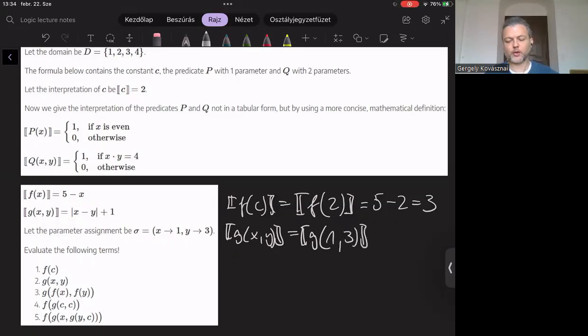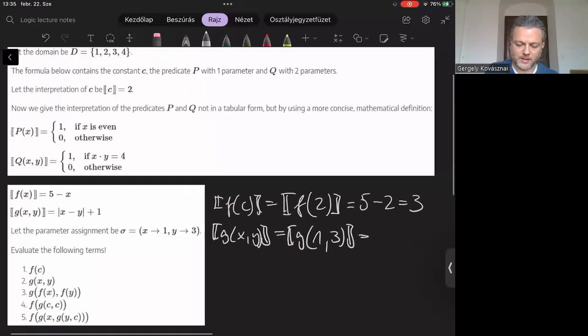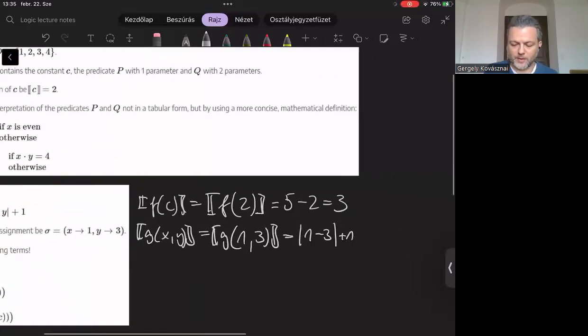So we must evaluate g of 1 and 3. And now let's look at the definition of g. We have to calculate the absolute value of 1 minus 3, and then we have to add 1. And the value of this is 3 again.